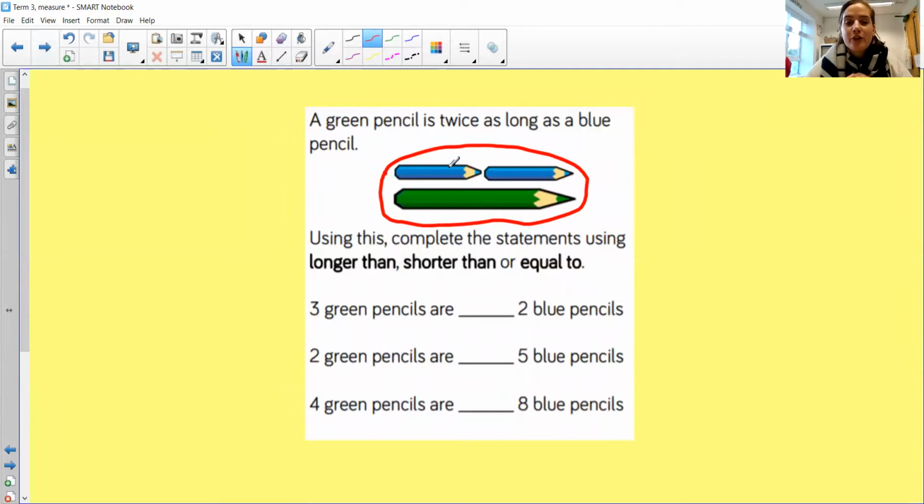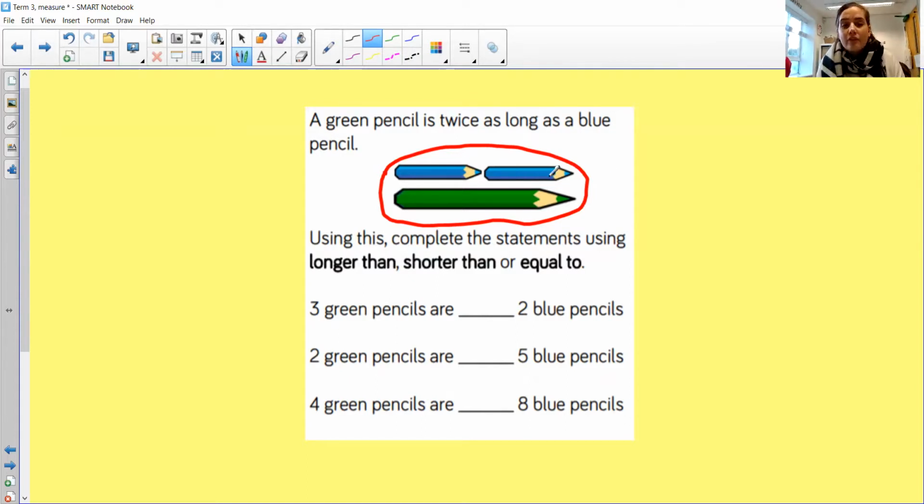Brilliant. So the first one, 3 green pencils. If I had 3 green pencils, okay, are longer than 2 blue pencils. 2 green pencils are shorter than 5 blue pencils.